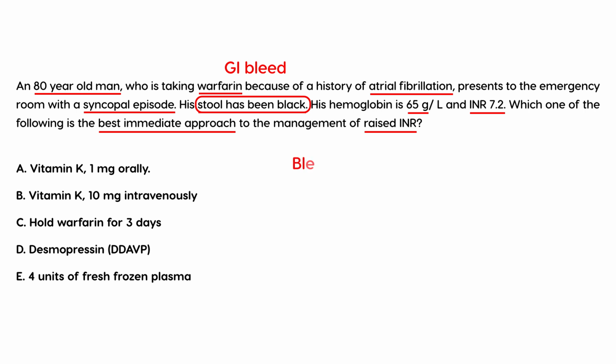So this is, of course, a bleeding patient, and he's got an INR that's supratherapeutic. Well, he definitely needs fresh frozen plasma. And in addition, you probably want to give a high dose of vitamin K, such as choice B. But the best immediate approach is the fresh frozen plasma because that most urgently reverses the warfarin.